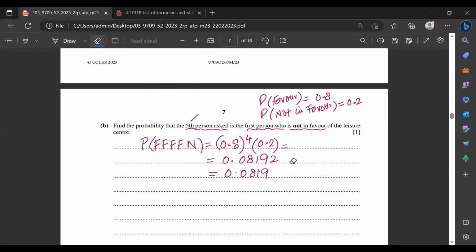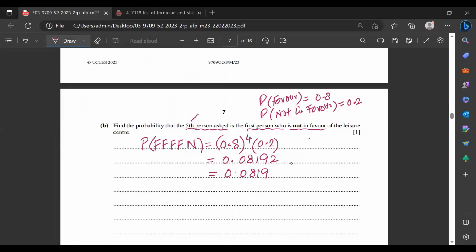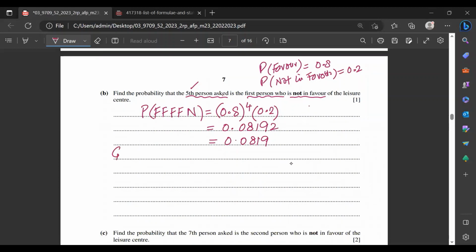You can also solve this question by using the geometric distribution. X follows the geometric distribution, and here the probability of success is not in favor, so you can write 0.2.